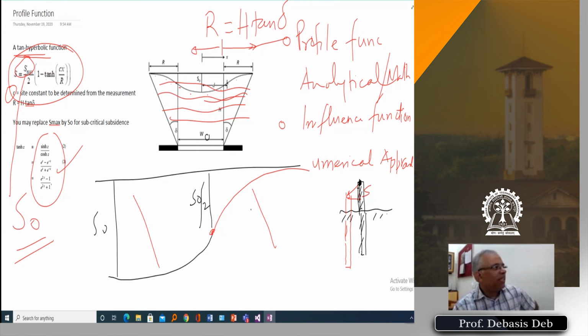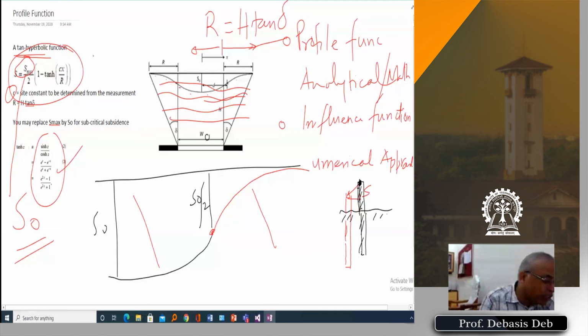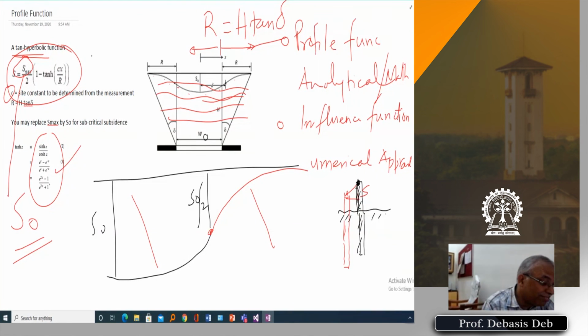Okay. Now, once you know that, you can see the property. If X equals 0, what is the value of tanh? Can anybody tell me? 0. It is 0.